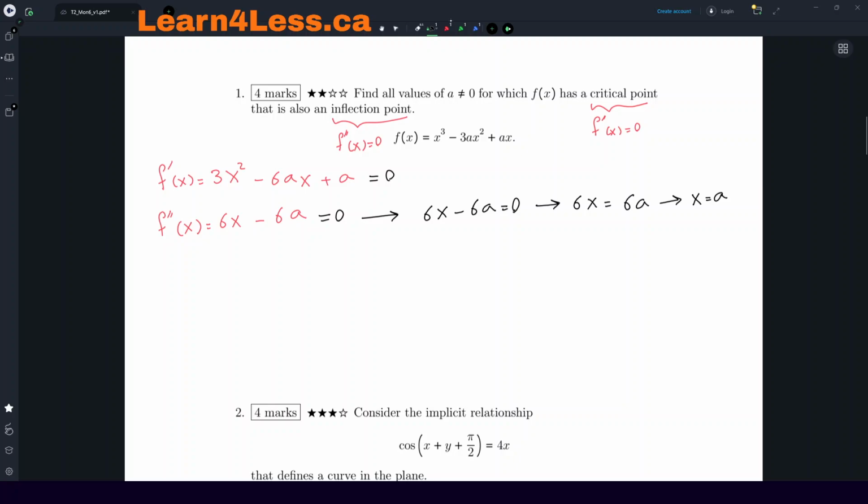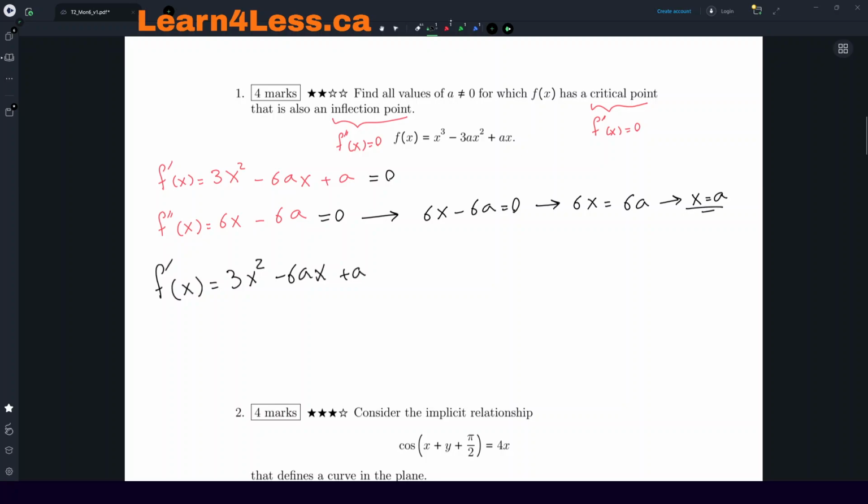But we want to find a in a way that that point, which is x equal to a, is also the critical point. So critical point is a point that makes the first derivative 0. So let's just write the first derivative, f prime of x: 3x squared minus 6ax plus a.